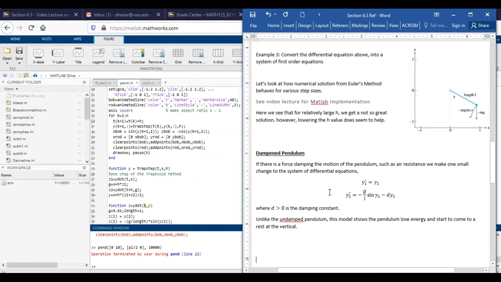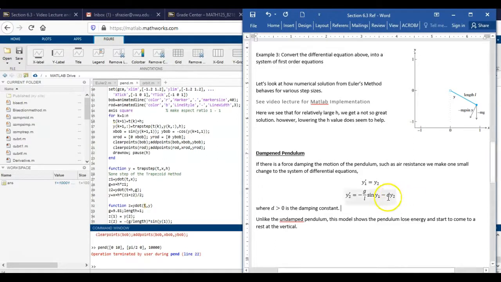The dampened pendulum is a little different, so you can see that the system of equations is just a little bit different. We've added, or actually subtracted, this term here, right? What this dampened formula does is basically account for the resistance of the air.